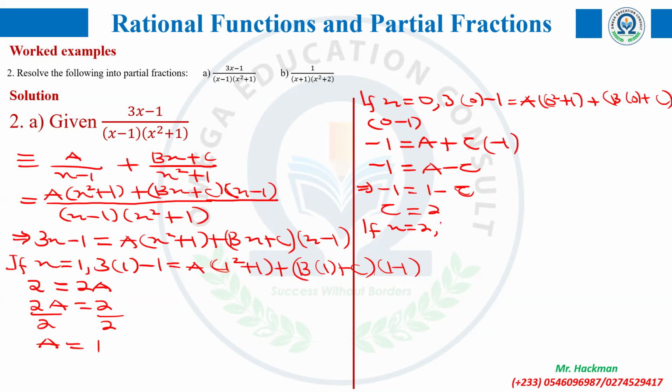So it will be 3 into 2 minus 1 should be equal to a into 2 squared plus 1, plus b into 2 plus c, then times your 2 minus 1. All correct.